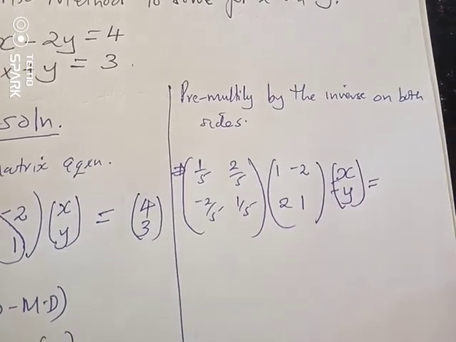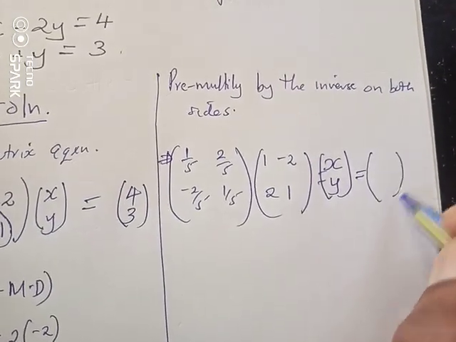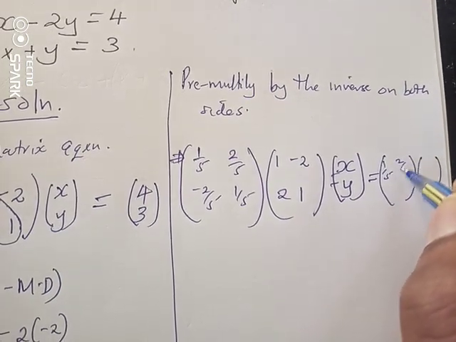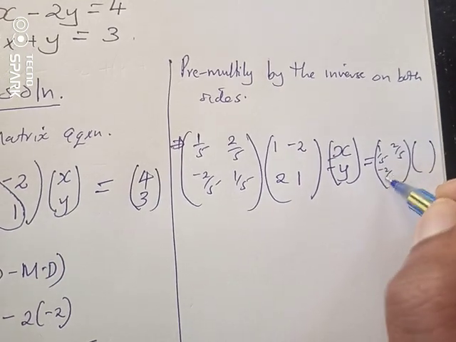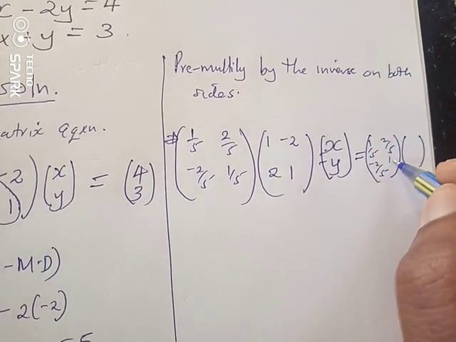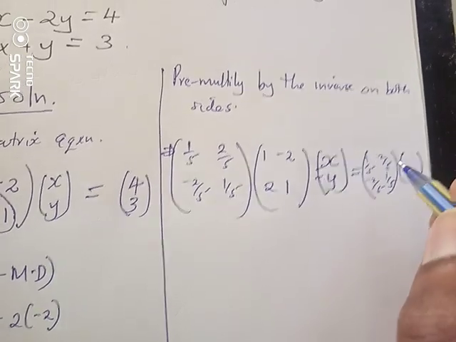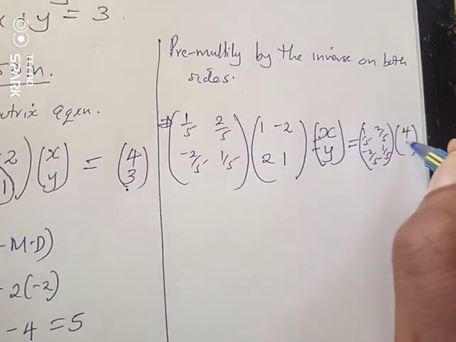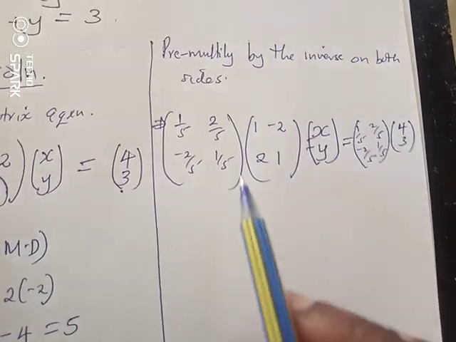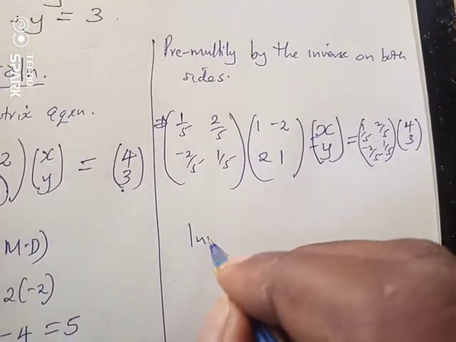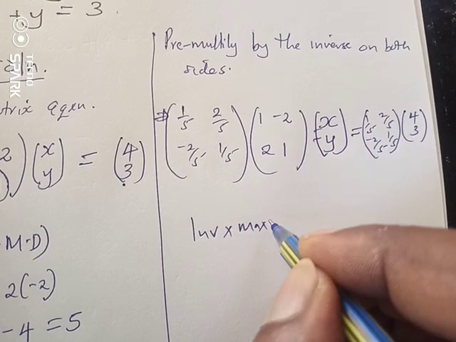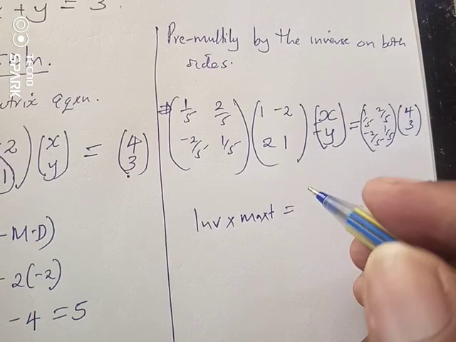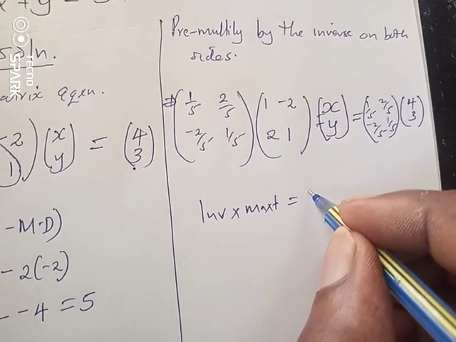We shall also pre-multiply again the inverse, 1 over 5, 2 over 5, negative 2 over 5, then 1 over 5, still our inverse matrix, by the products. The products here were 4 and 3. Usually we know when we multiply an inverse matrix by the matrix, we get what we call an identity matrix.